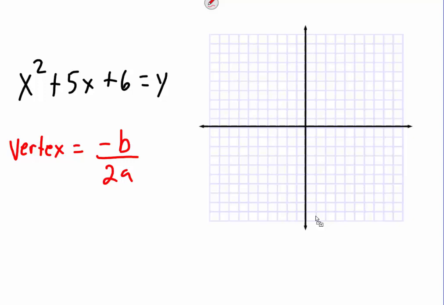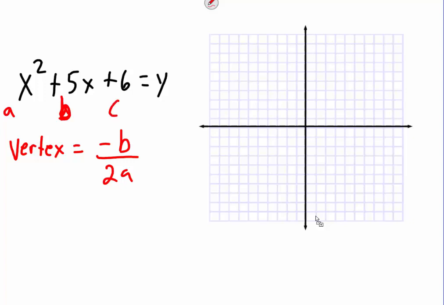If we have the quadratic in standard form, then the coefficient of the x squared is our a. The coefficient of our x is our b. And the constant is our c.